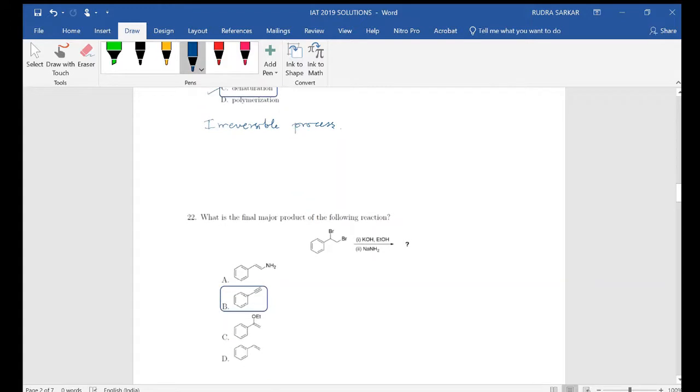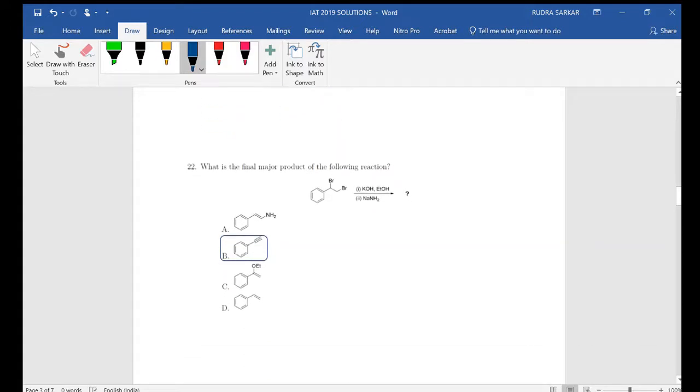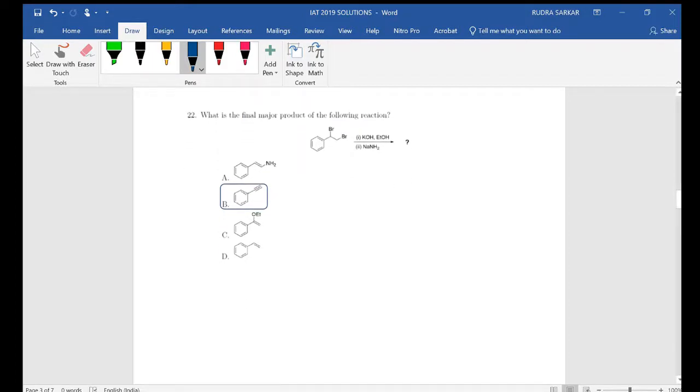In the next question, 22, what is the final major product of the following reaction? So this reaction is basically an elimination reaction.